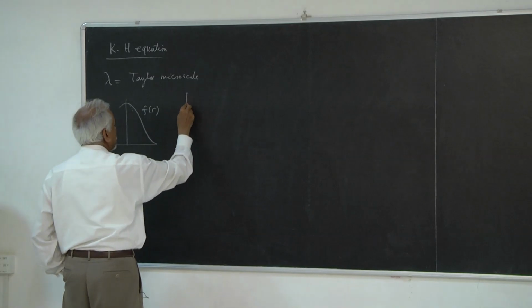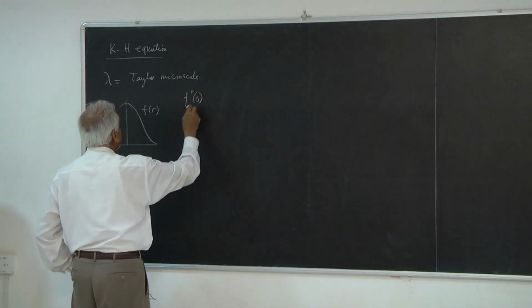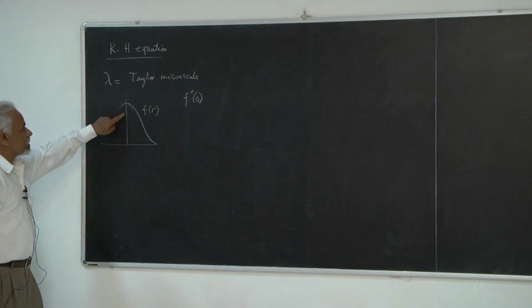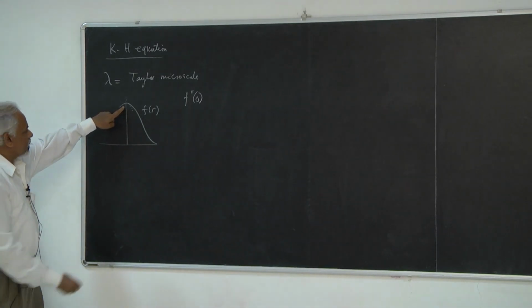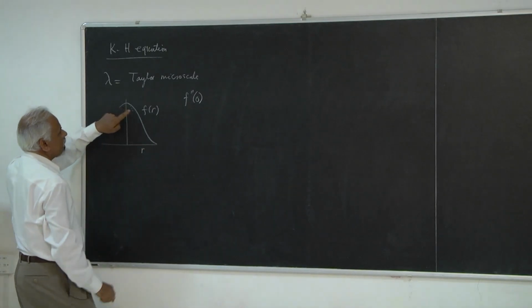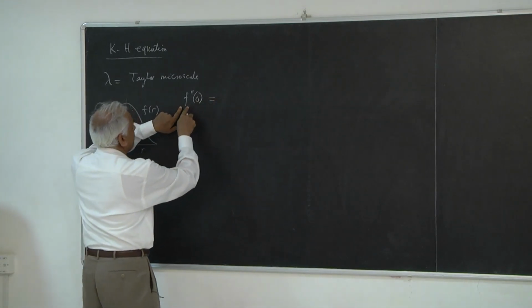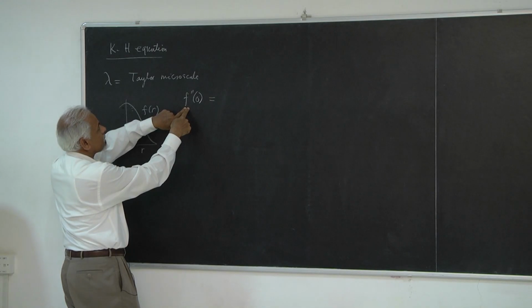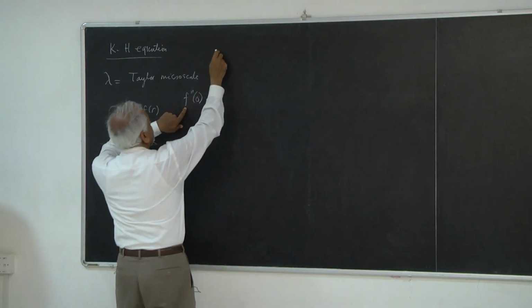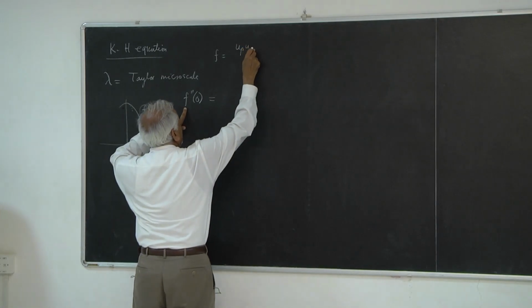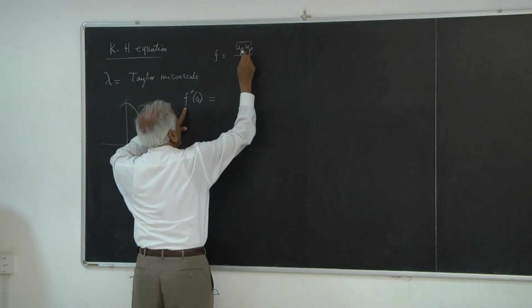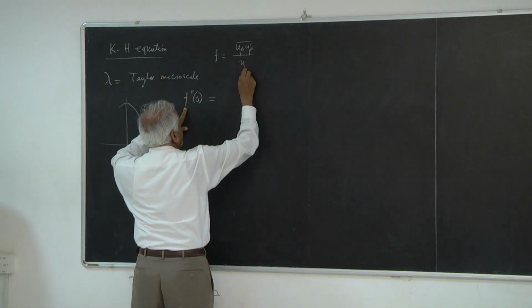And if you remember, I defined f double prime, that is the second derivative of the function at r equal to 0. This has the dimension 1 over length squared because f is u_p prime over u_p squared.